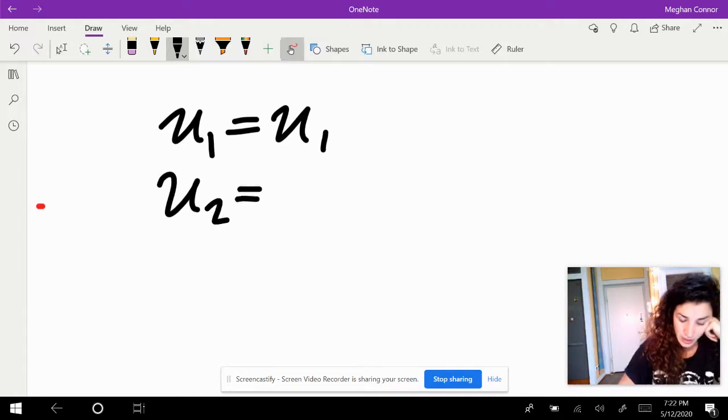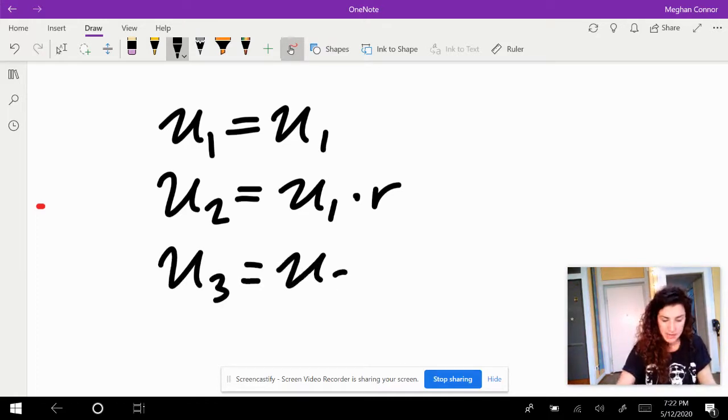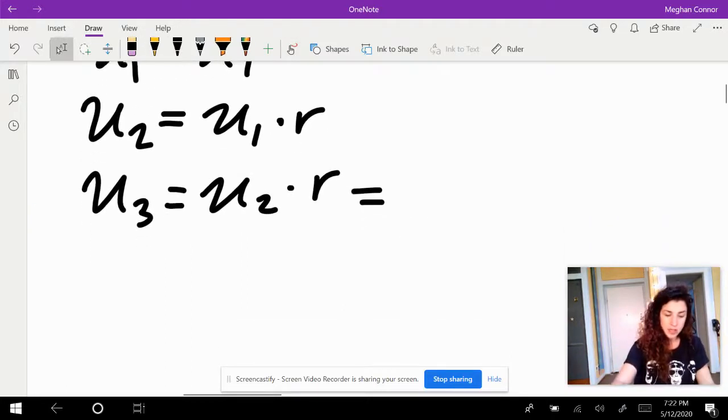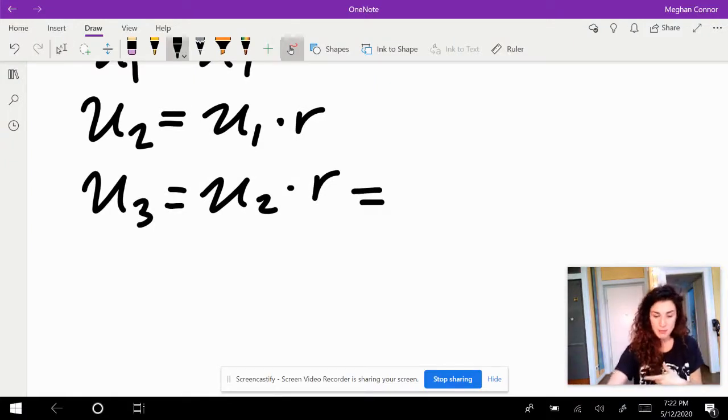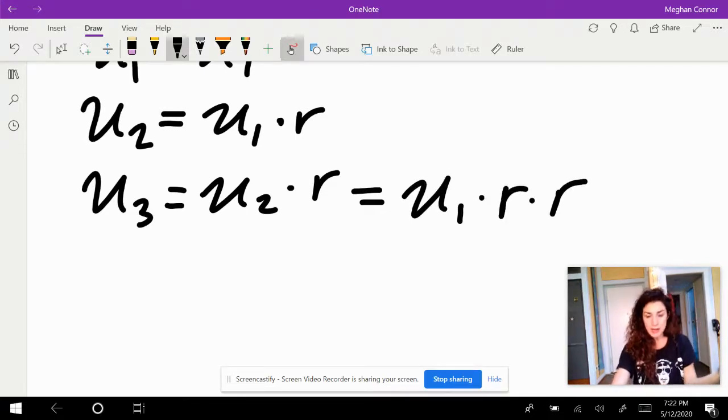Well, our second term is our first term multiplied by this common ratio. So then our third term would be our second term multiplied by this common ratio, but we've already defined what the second term is. The second term is the first term multiplied by the common ratio. So I could replace u sub 2 with u sub 1 times r, but don't forget that we are now also multiplying that by r.